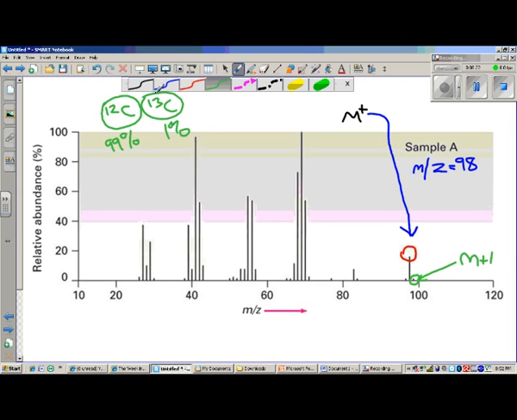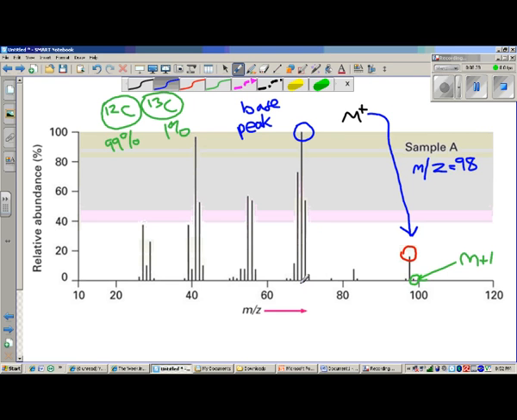The other thing that you want to look out for is something called the base peak. Now, contrary to what the name might suggest, the base peak is the biggest peak in the spectrum, the one that has either 100% abundance or close to it, which in this case tops off right here.